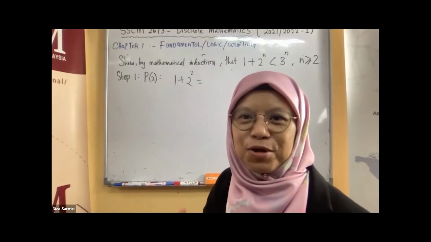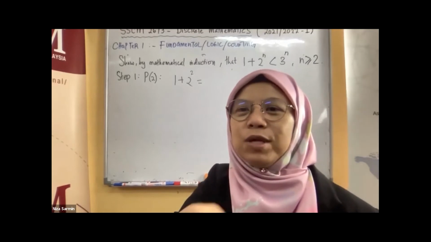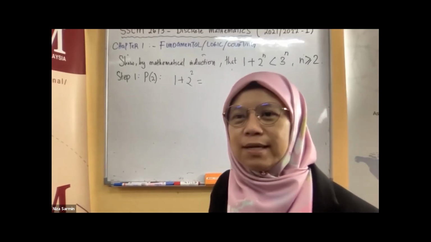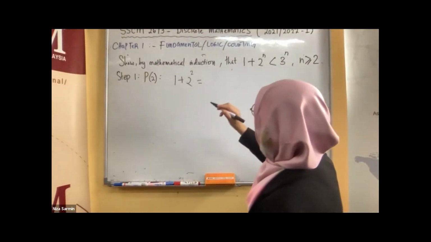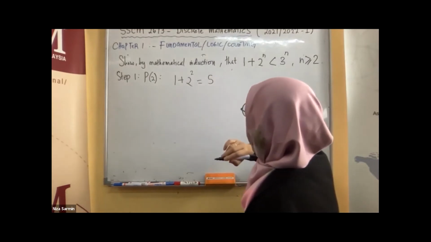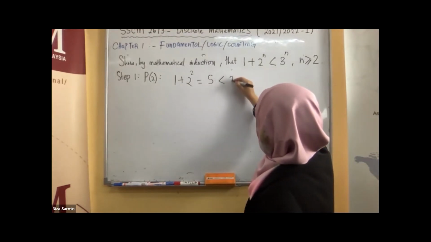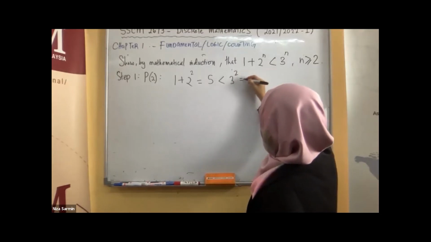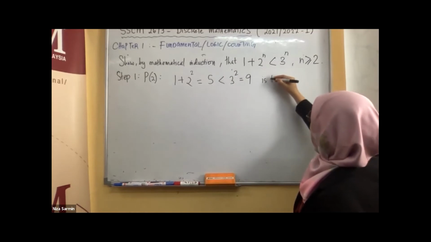Somebody give some voice. What's the answer? Wei-Jin, unmute. Give me the answer. 5. Okay, then we put less than 3 power 2, 9. Is true.